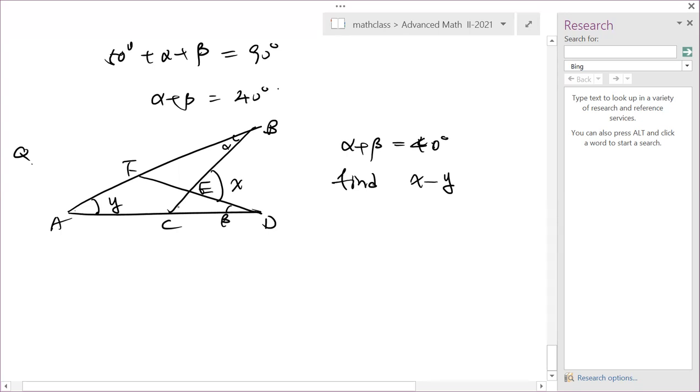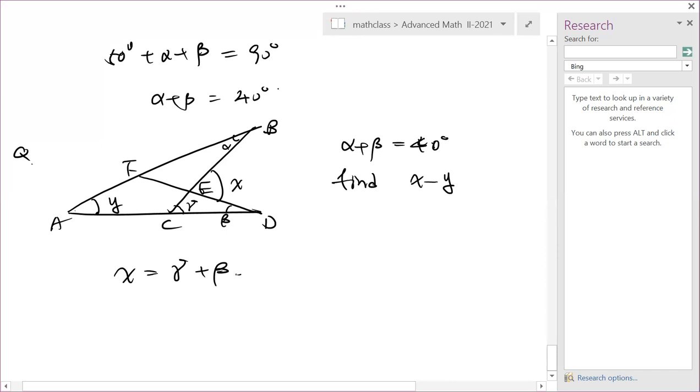My hint is I'm going to denote this angle by gamma. So here's my hint: X is gamma plus beta.